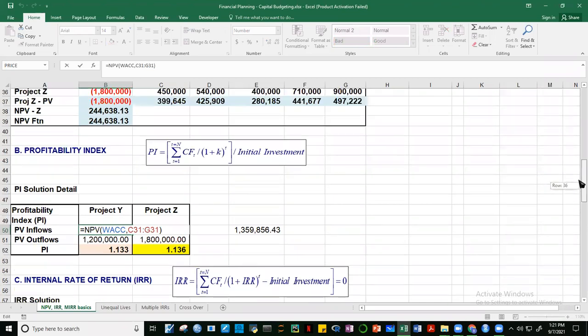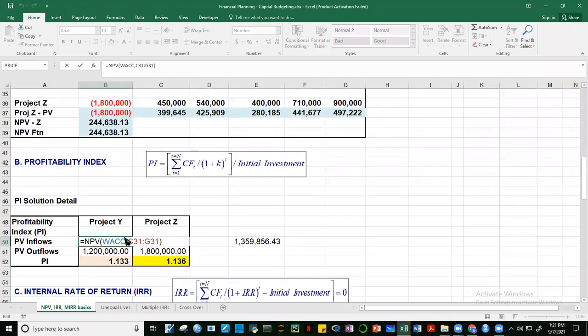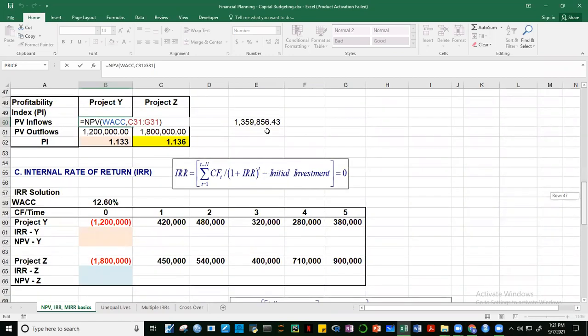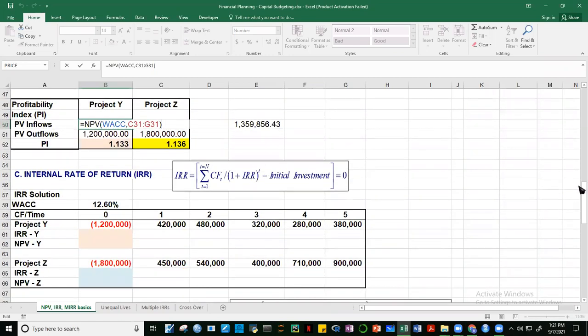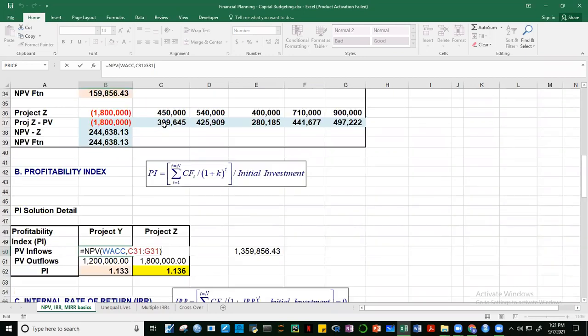Okay? NPV. Since inflows lang yung tinitingnan, no? Then, ito lang yun, ano? From year 1 lang. Then we compared it with, sinum up lang natin yung mga present values nila.